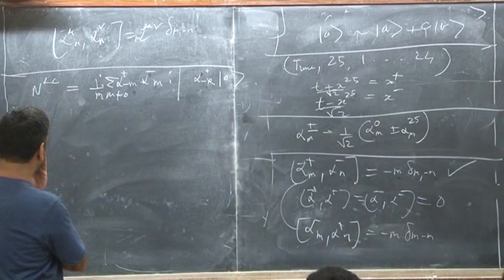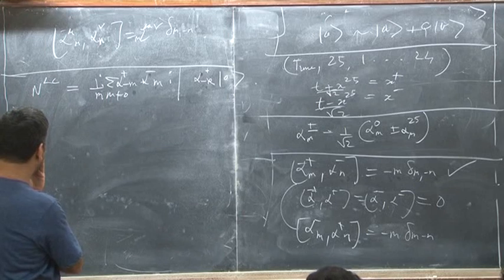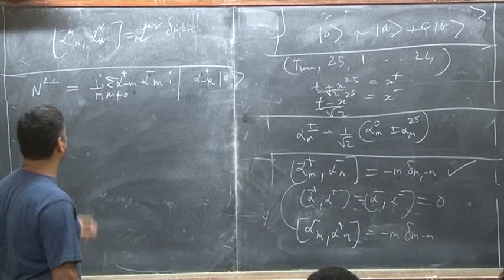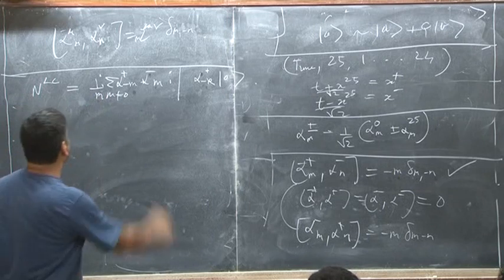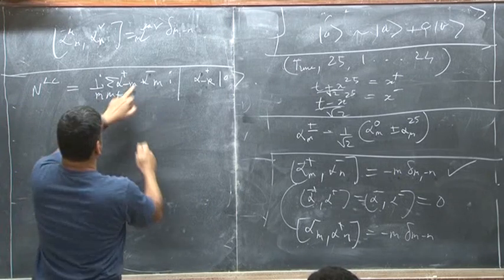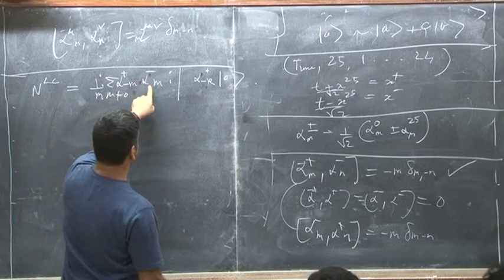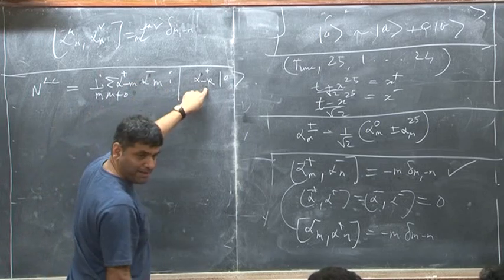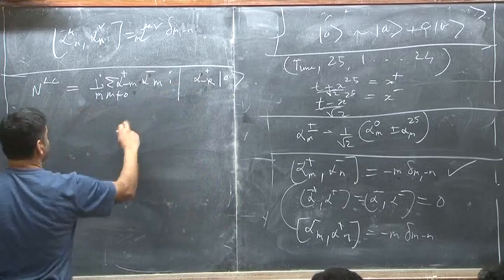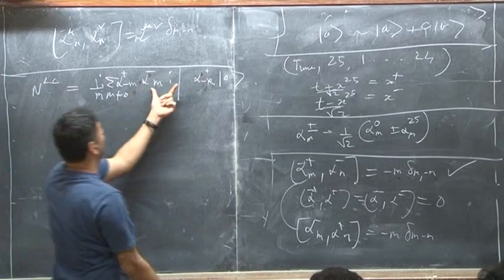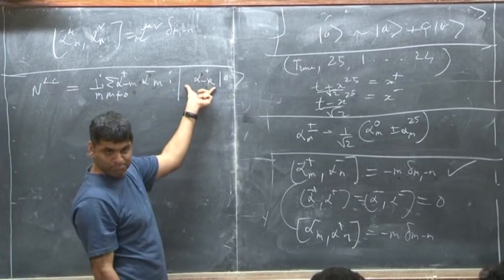Okay, so let's suppose we act with this. Let's seriously calculate this. So we have alpha minus m, alpha minus k. The only way this clicks is when we replace this by the commutator.